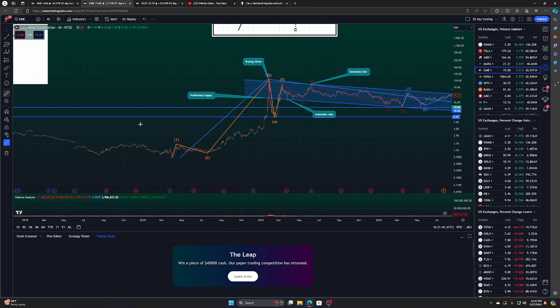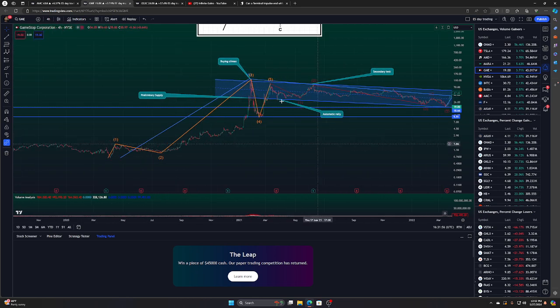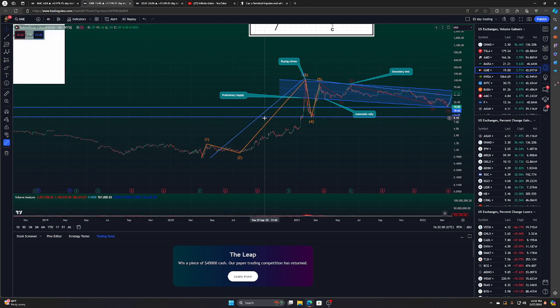Because you have 1, 2, and you had an explosive 3rd wave, just an insanely long 3rd wave to the upside, and then you had a very deep retrace of wave 4. And when those conditions are met, actually 3 conditions have to be met for a failed 5th wave to be possible.